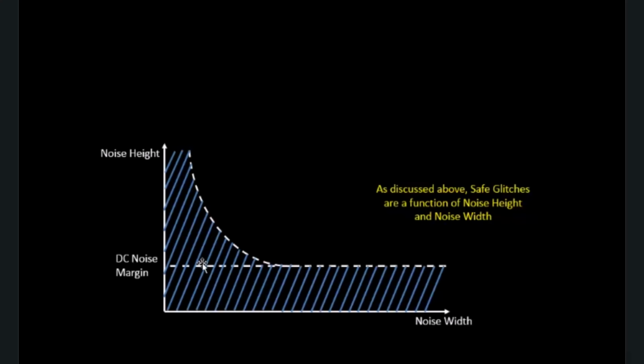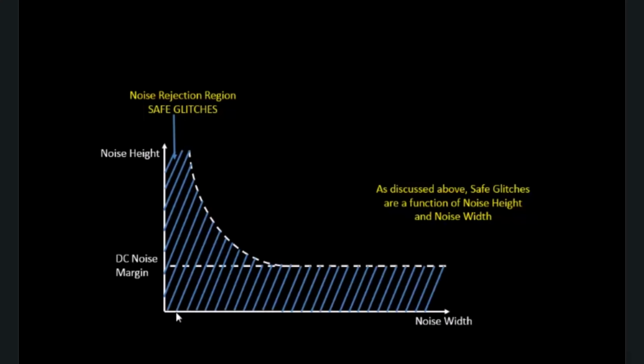If your noise height lies somewhere over here, but your width lies somewhere over here, you still consider it a safe glitch. So this will now be your noise rejection region, where all the glitches which lie in this area are called safe glitches.